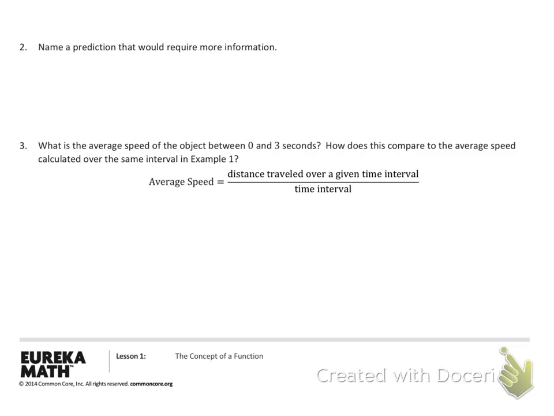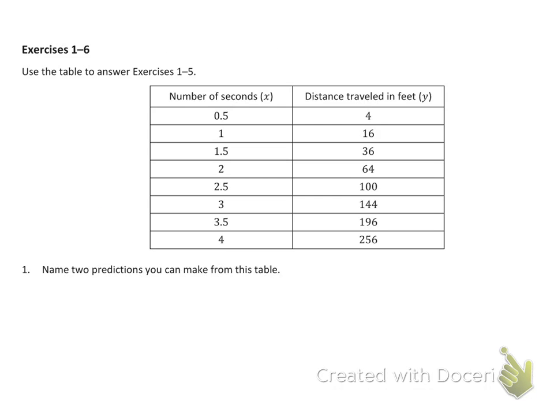Okay, so let's look at number 3 then. What is the average speed of the object between 0 and 3 seconds? Since it's the total distance traveled divided by the time interval, the average speed would be equal to, going back to our data table, at 3 seconds, it's traveled 144 feet.